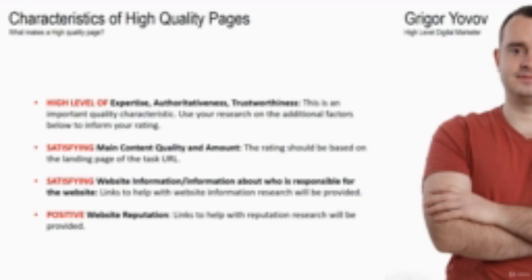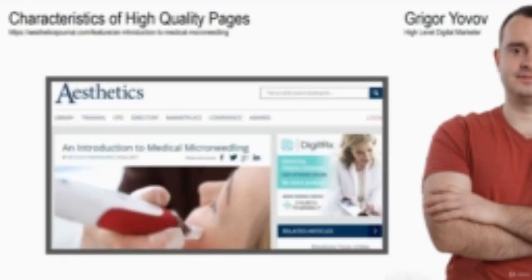You need to have a high level of satisfying main content. You need to have satisfying website information and information about who is responsible for the content. And of course, you need to have positive website reputation. Now I'll give you a few quick examples for such pages that are ranked as high according to the page quality rating of Google.